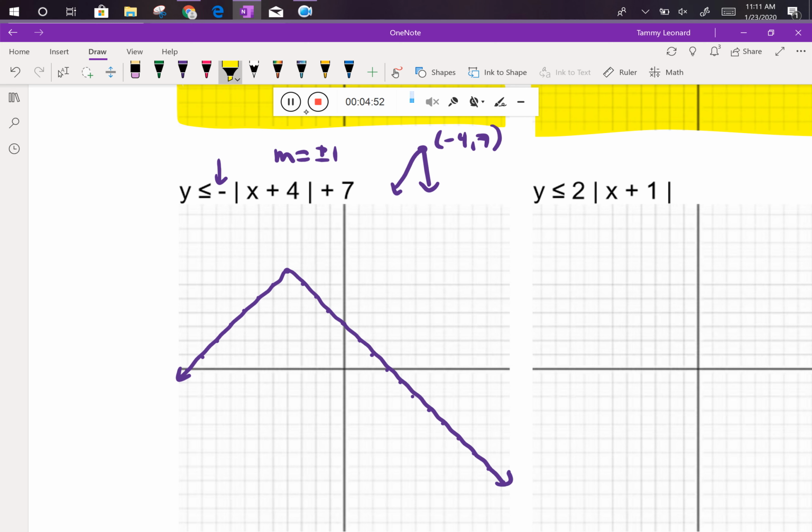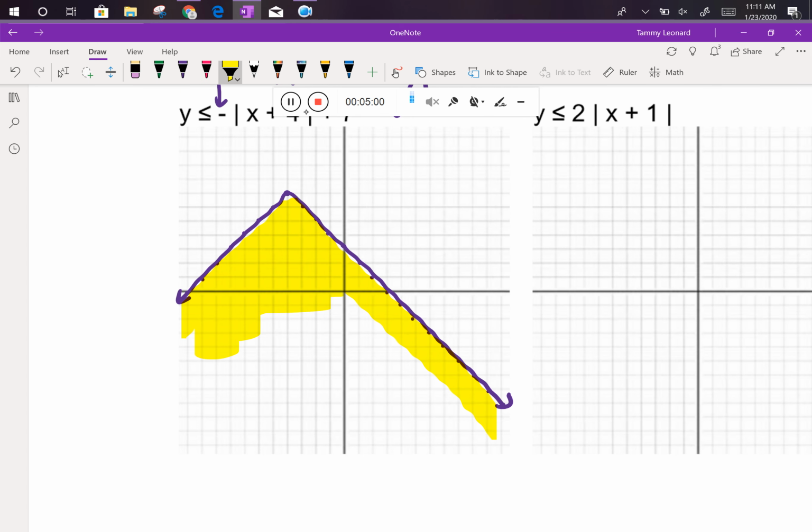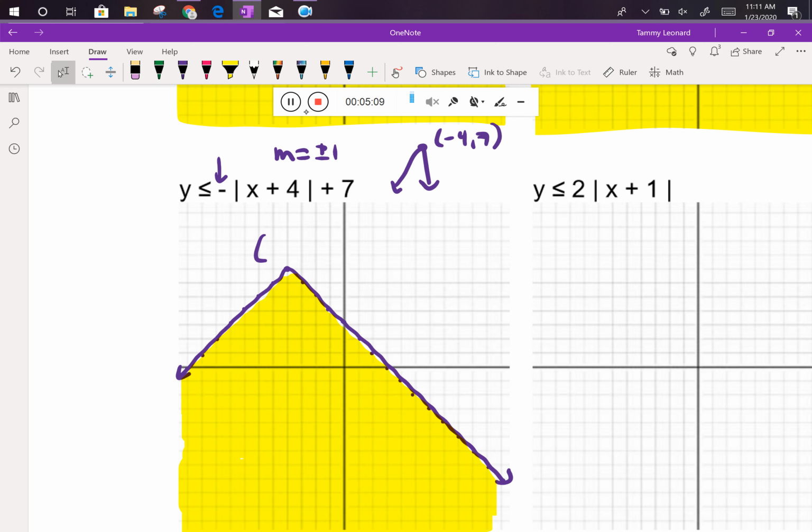Y is less than, so I'm shading everything below the absolute value. That will actually make it really easy for labeling points because there'll be plenty of space around the outside of the absolute value to label points. Going back, I always want to make sure that I label the vertex at (-4, 7). Maybe this y-intercept at (0, 3).